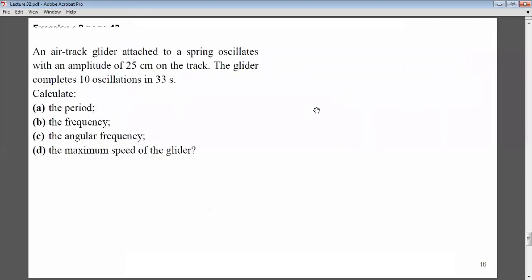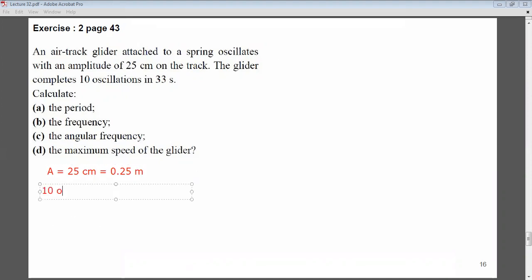Last exercise. An air track glider attached to a spring oscillates with an amplitude of 25 centimeters. So we have the amplitude equal to 25 centimeters, which is 0.25 meters. The glider completes 10 oscillations in 33 seconds. Calculate part A, the period.